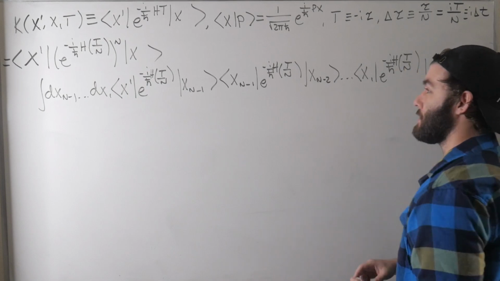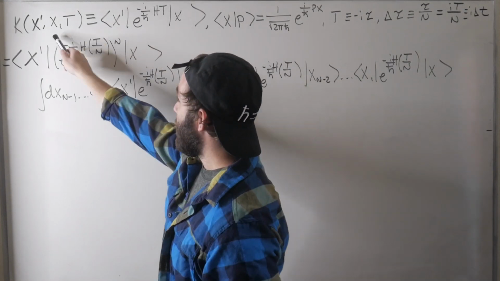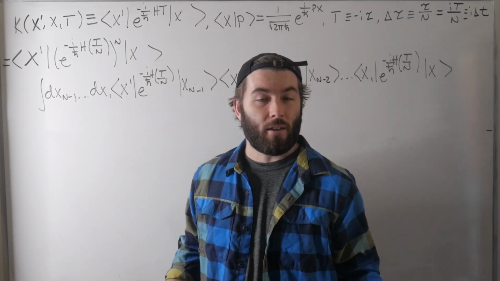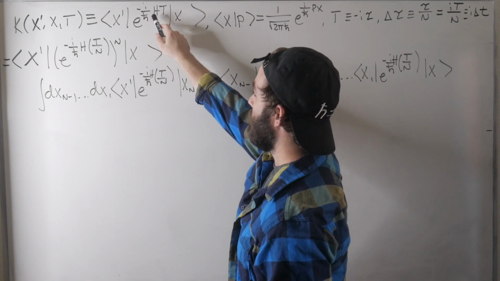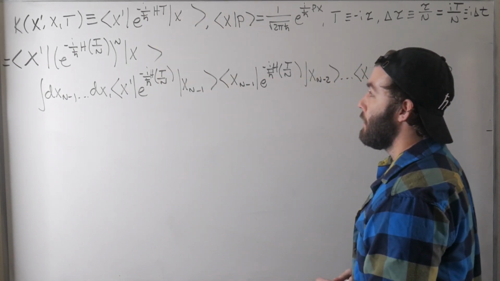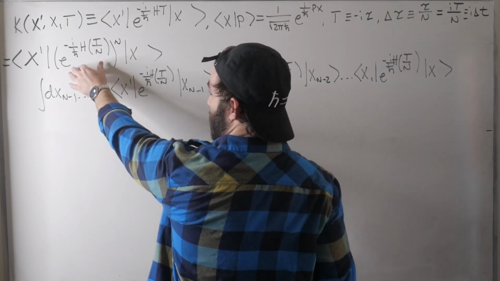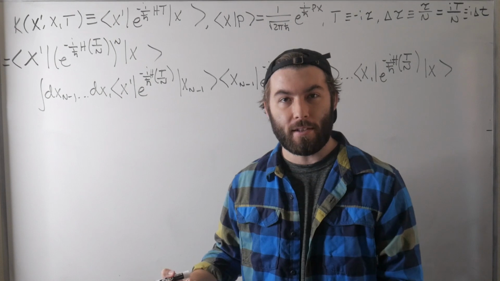As a refresher, because the last video was quite a while ago, we were interested in the propagator, which was effectively the matrix element of the time evolution operator right here, where we have this exponential minus i over h bar, the Hamiltonian, times some time parameter. Then we did the exponential equivalent of multiplying and dividing by the same thing.